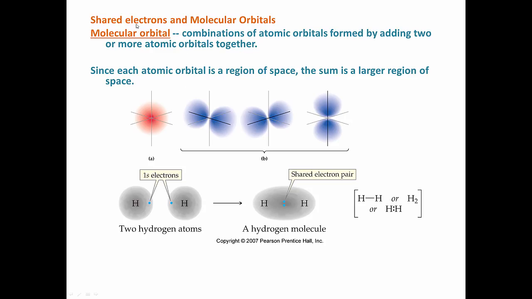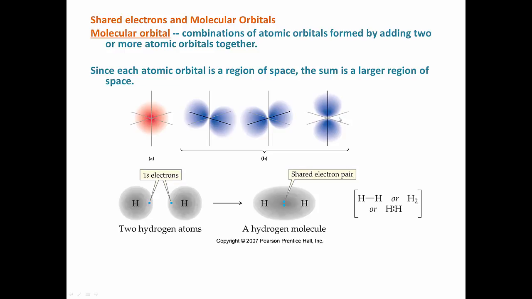Now, let's take a look at shared electrons and what we call molecular orbitals. We've already looked at atomic orbitals in the previous module. Molecular orbitals are combinations of atomic orbitals that are formed by adding 2 or more atomic orbitals together. Remember, we talked about the s orbitals, which are spherical in shape.